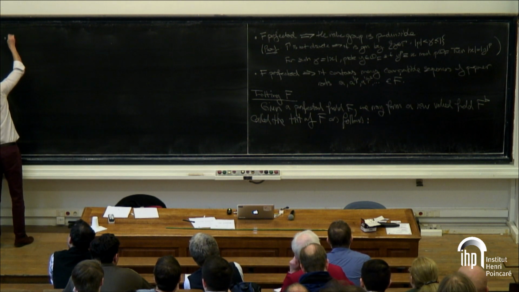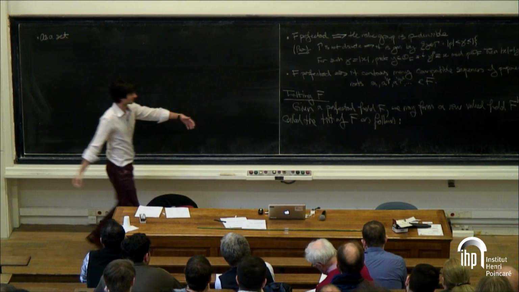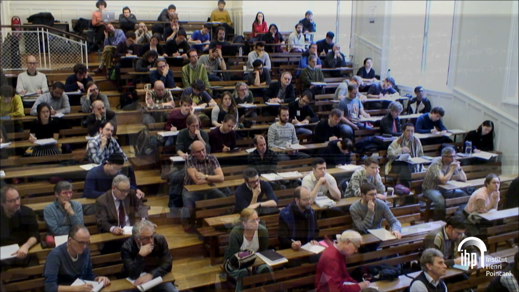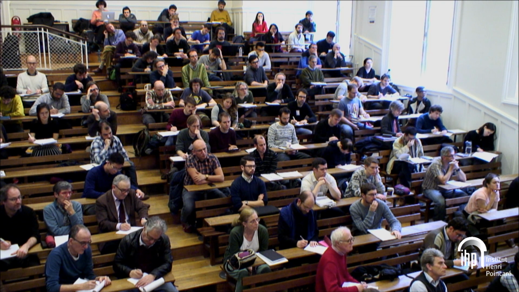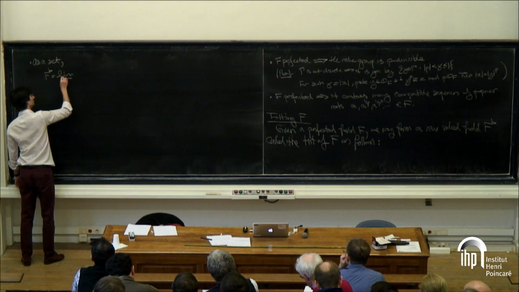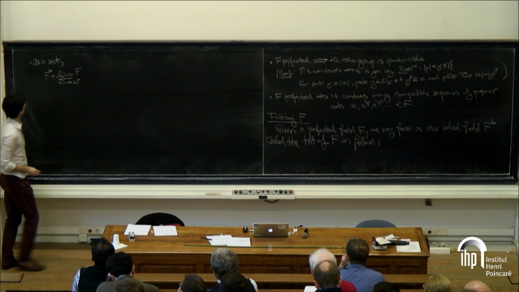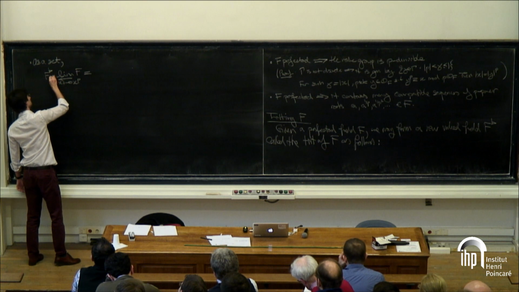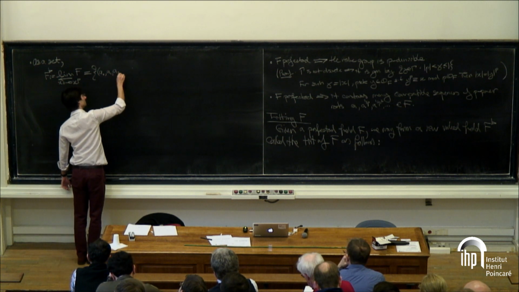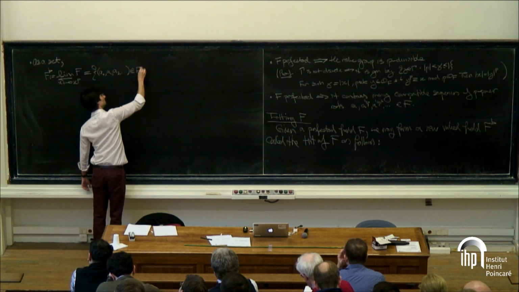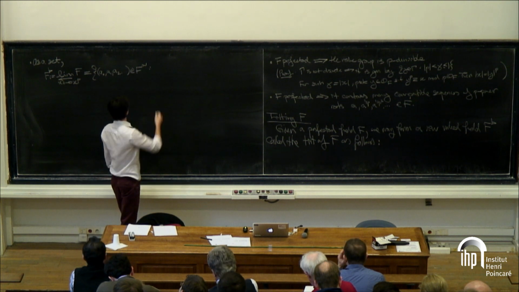So as a set, I take all the compatible sequences of p power roots inside F. So let me write this as follows. I take the inverse limit over the p power map on F, or in other words, I just look at the set of all sequences a0, a1, a2, and so on inside F, which, as I say, are sequences of compatible p power roots.